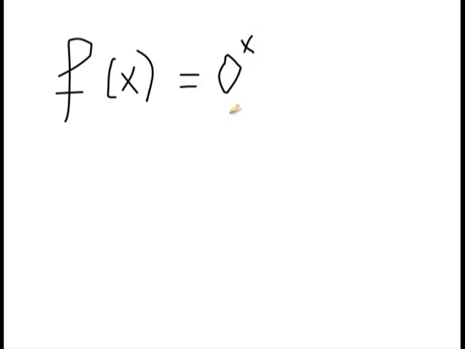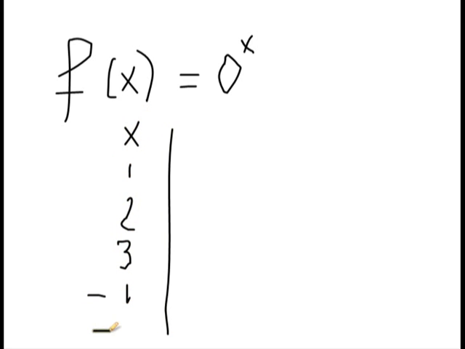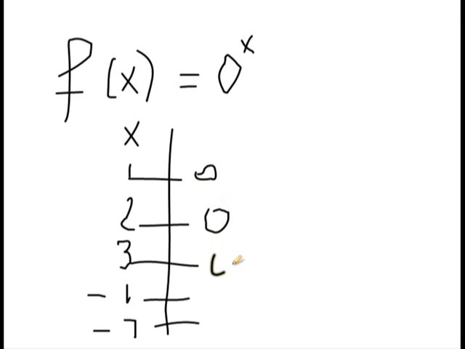For this function, whatever value you decide to take for x, let's say 1, 2, 3, -1, -7, the result is going to be 0, because 0 to the power of 1 is 0, 0 to the power of 2 is 0, 0 to the power of 3 is 0.